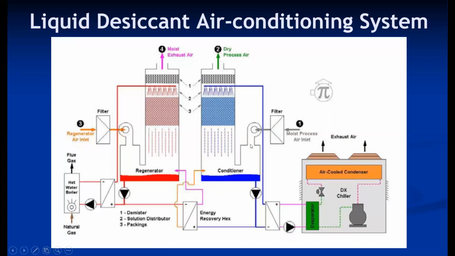This chilled liquid desiccant is pumped into this liquid tower where there is a packing material. It comes in contact with the process fluid. So the process fluid loses its moisture here, and the liquid desiccant becomes the diluted solution. This diluted solution goes through the heat exchanger, and then it is sprayed in the reactivation regenerator, where with the help of regenerator air, it gives up this moisture and again produces a strong solution.